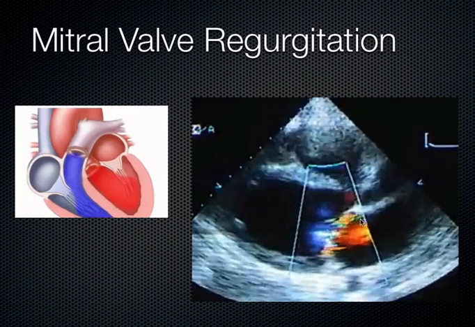In other words, this is the parasternal long axis of the heart. Here's the left atrium, mitral valve, left ventricle, aortic outflow tract, right ventricle. The mitral valve is exactly 90 degrees, perpendicular to where the probe is, and the flow is moving at a 90-degree angle. So this is the incorrect way to try to assess the mitral valve when using color.